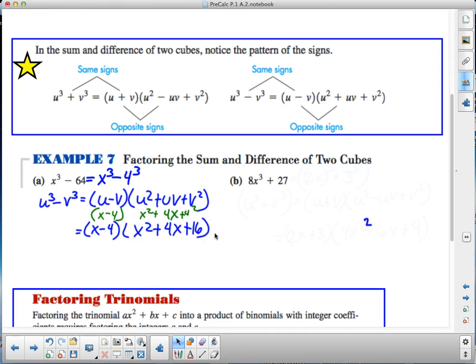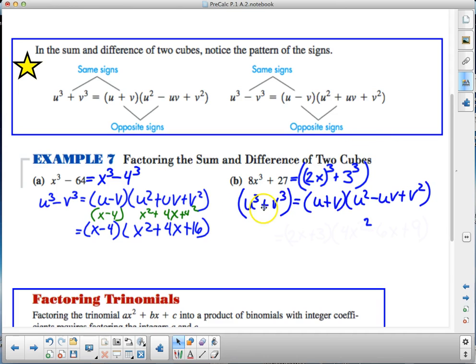Now, in like manner, I'm going to do the same thing in b. I'm recognizing it's the sum of two cubes. So I've got 2x here, and 3 there. So that's where 2x cubed and 3 cubed come from. And now, again, the pattern, I'm going to put that in. Make sure we've got that going on. I'm not going to put them in this time because now you're familiar with what I'm doing.